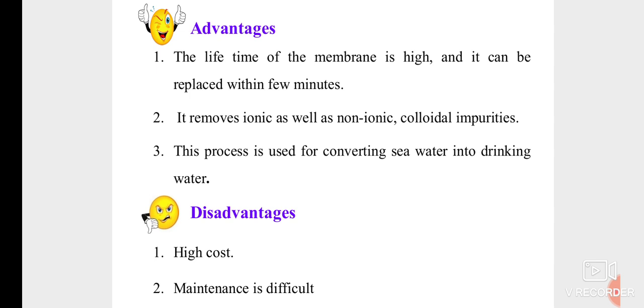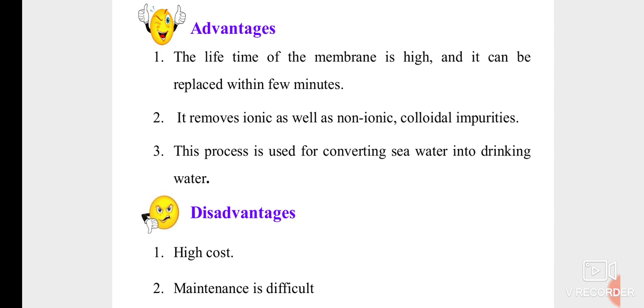Here we use a semi-permeable membrane. The two different concentrations are separated by the semi-permeable membrane, one is the higher concentration and another is the lower concentration. Generally the water flow from lower concentration to higher concentration is called the osmosis process.